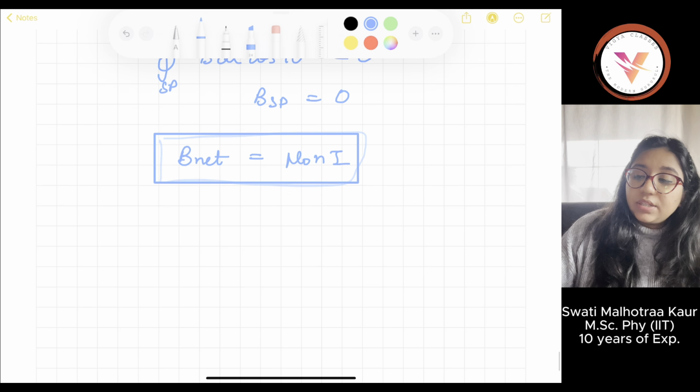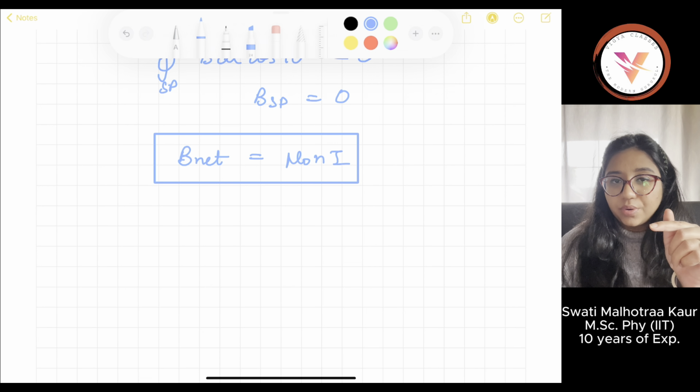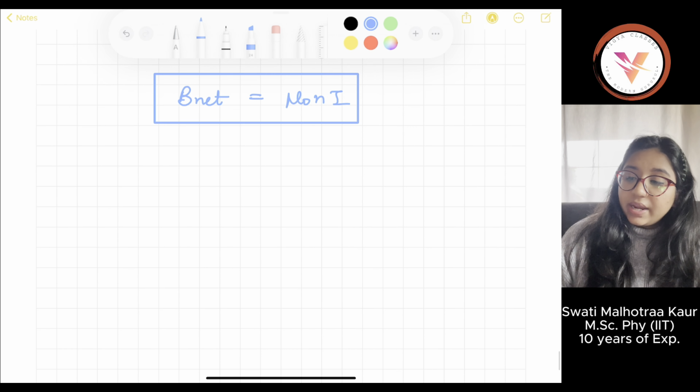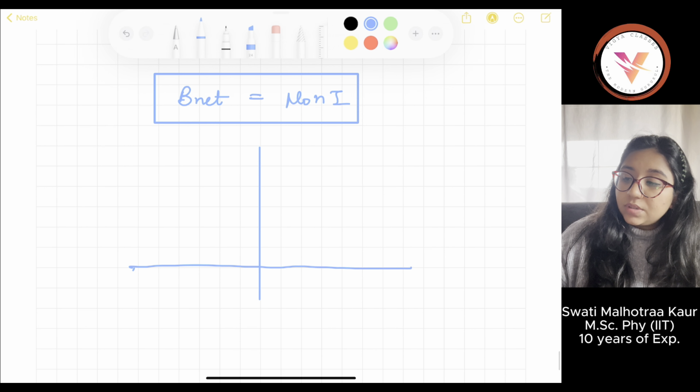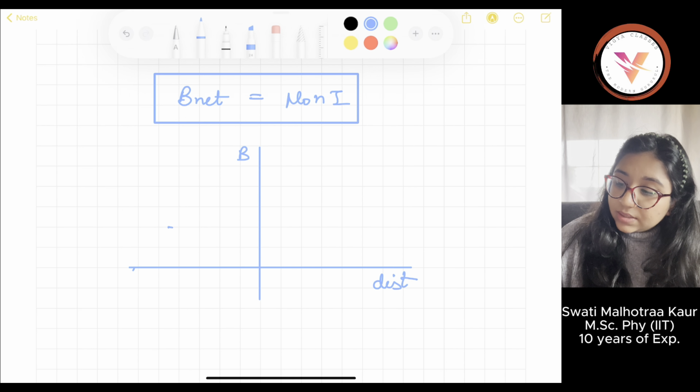Okay, so inside the solenoid, the magnetic field is mu naught nI, and at the edges it becomes half, mu naught nI by 2. And there is a very amazing graph which you should remember, the graph of distance and B. It is somehow like this.